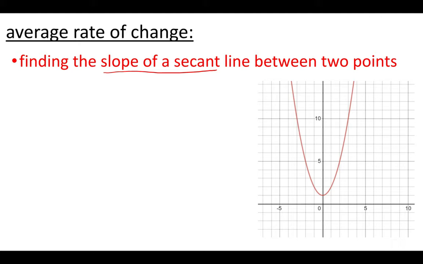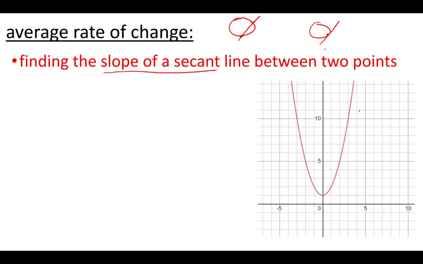I mentioned this briefly a while ago in a video when I first introduced calculus. A secant line, if you remember the idea of a circle, is a line that hits a circle in 2 places, whereas a tangent line hits in exactly 1 place. So we're going to talk about the difference between those two.